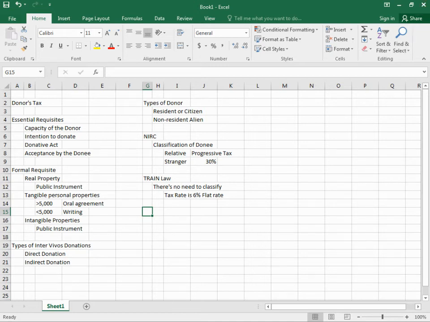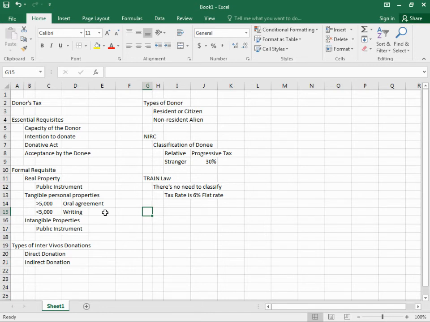Next, what are the exempt gifts or exempt donations? We have enumerated them in our book. The following are the exempt donations. One is donation to exempt donees under the NIRC and special laws. These donees are also enumerated in our book.